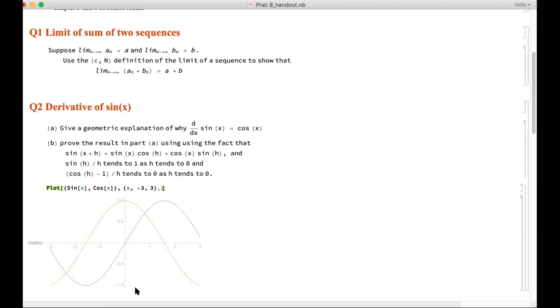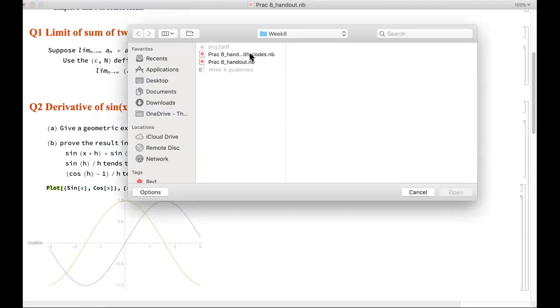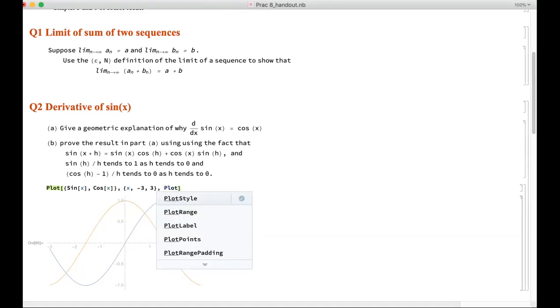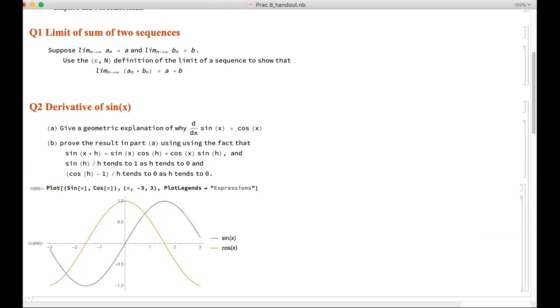I think I've done this. Plot legends. Yeah.